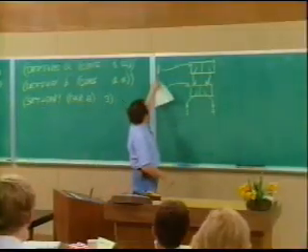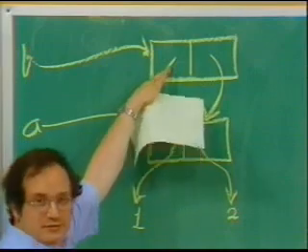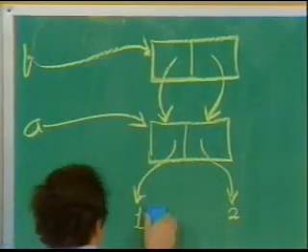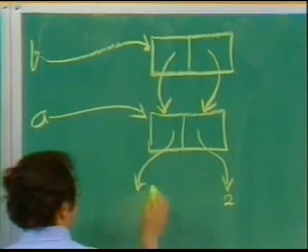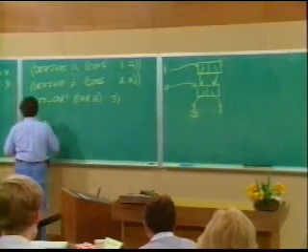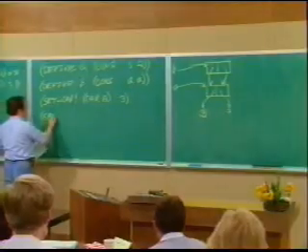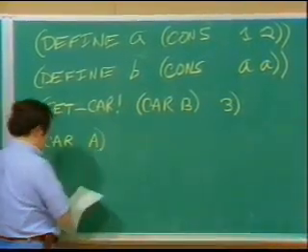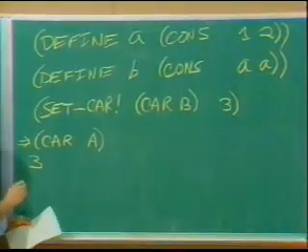What that means is I find the car of B, that's this. I set the car of that to be 3, changing this. I've changed A. If I were to ask, what's the car of A now, I would get out 3.